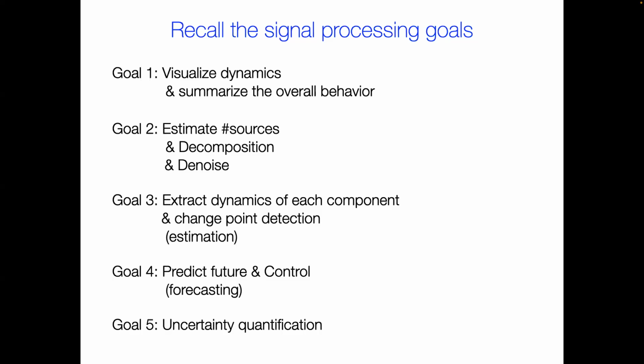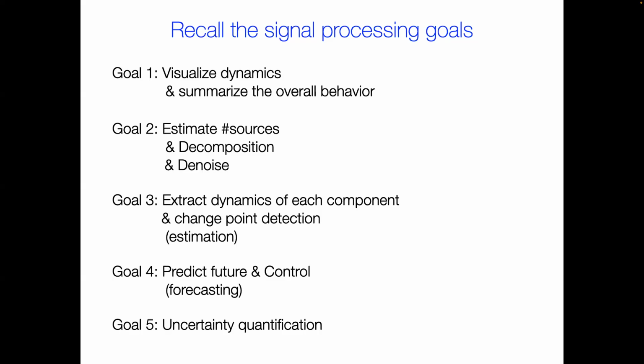Then you may want to extract dynamics for each component and do change point detection, estimation problems, and so on. You can even try to do prediction or forecasting. In particular, you want to do uncertainty quantification, because nothing is noise-free, and you always have model uncertainty. So how do we quantify it so that we can answer scientific questions?